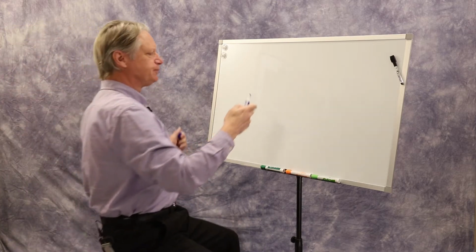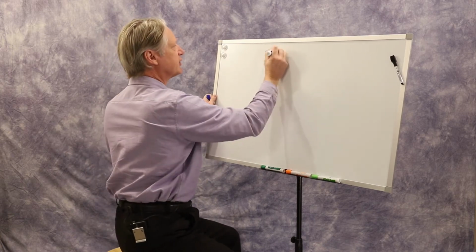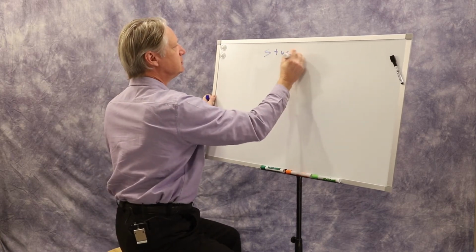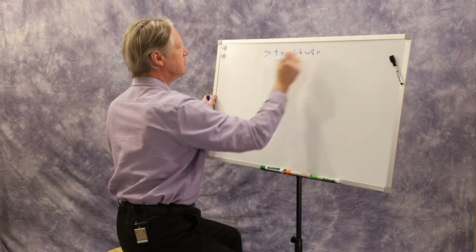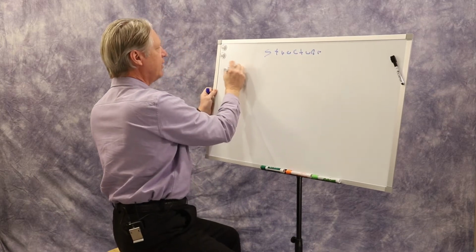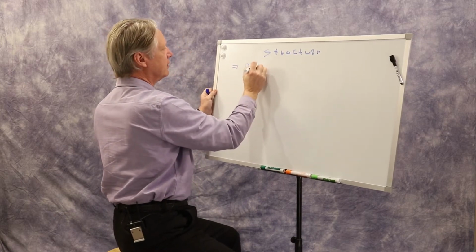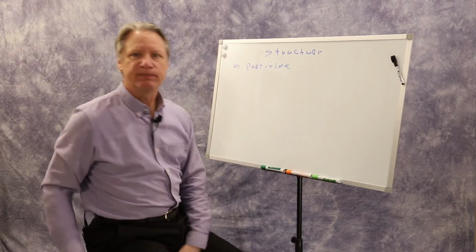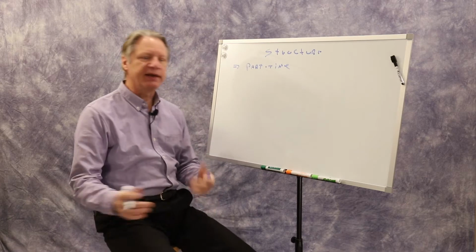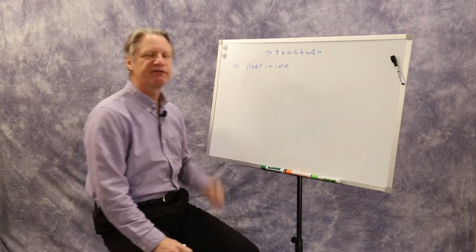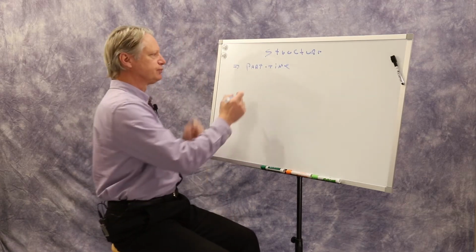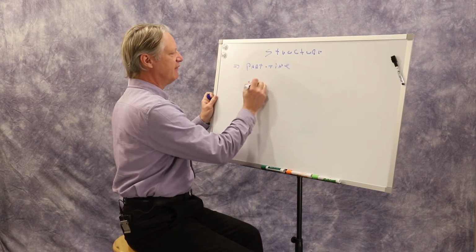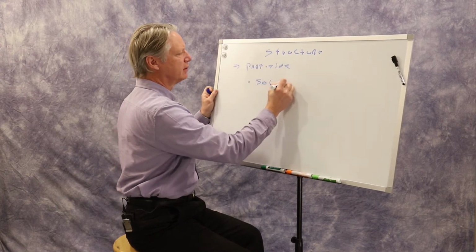So basically, what's your structure? And it's okay if you're part-time. You can still be set up any number of different ways, even if you're part-time, okay? So basically, you have a sole proprietorship.